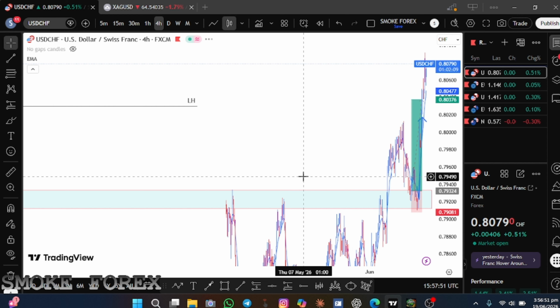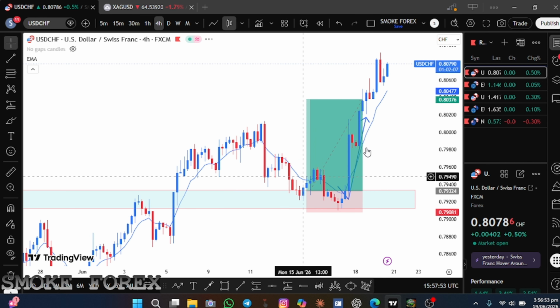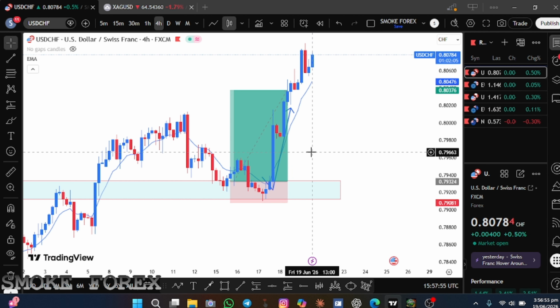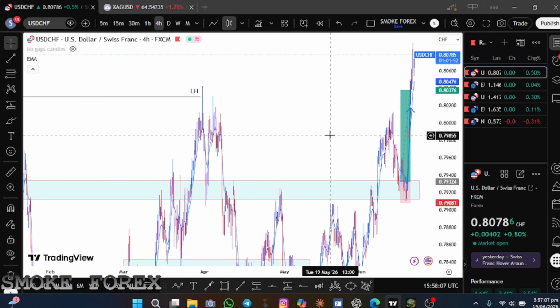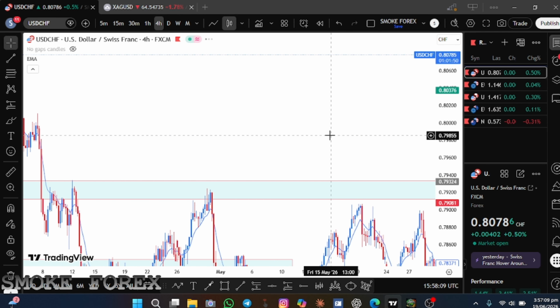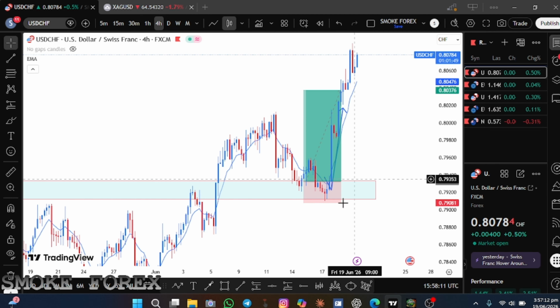This is the beauty of the game. This strategy is the set and forget strategy by FXLSG. You can see how clearly my chart absolutely looks like FXLSG's chart. You can see the blue and this box.